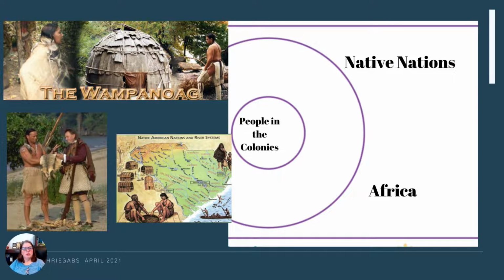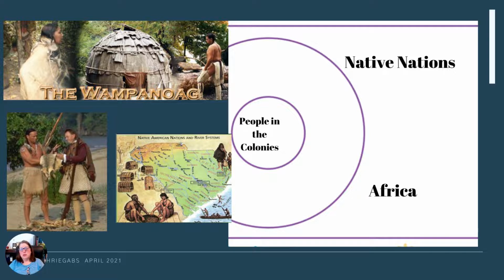Native Americans, you're going to see people who live in villages. These are not nomadic people. They have farms, they have traditions, they live in and among the land, but they also depend on the land. And so that's going to cause them to come into some problems with English as we look further on in the studies.